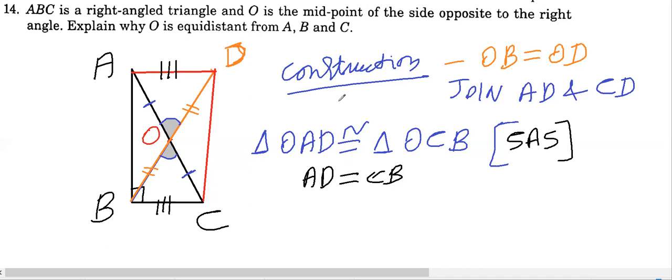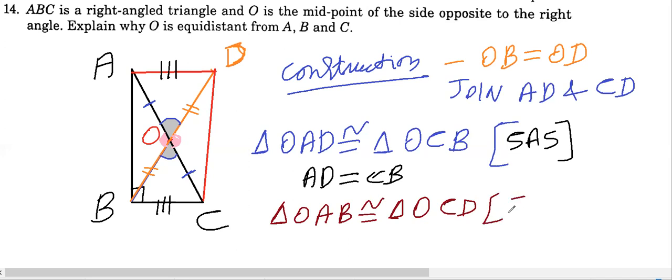Okay. Similarly, you can also say that this particular angle and this particular angle, they are equal. How can I say this? By vertically opposite angle, I can say this, correct? So what can I say? I can say that triangle OAB is congruent to triangle OCD.